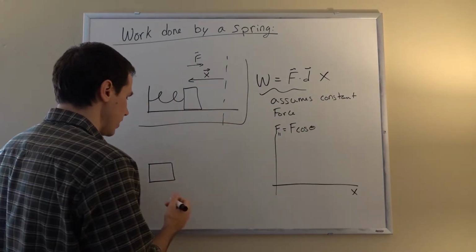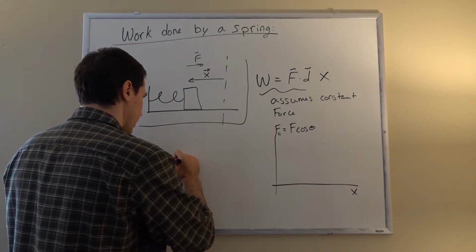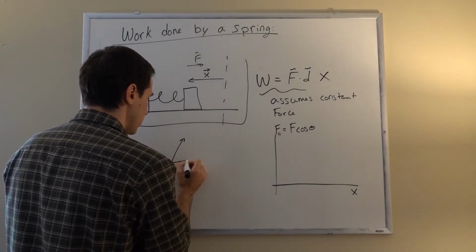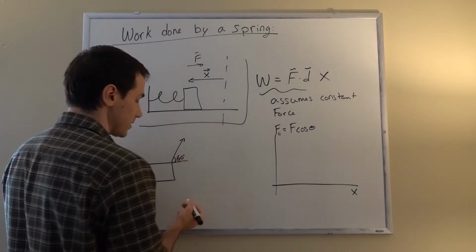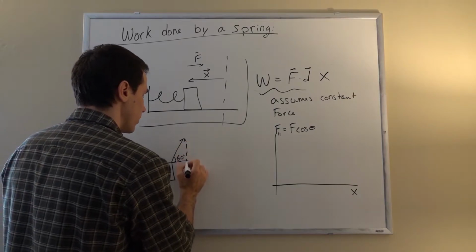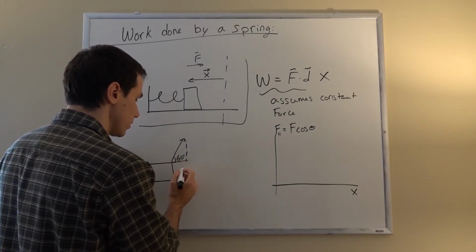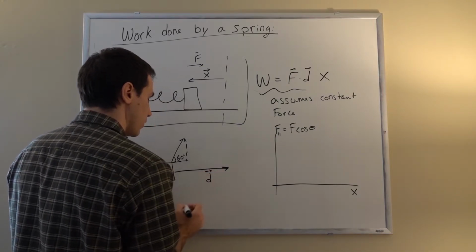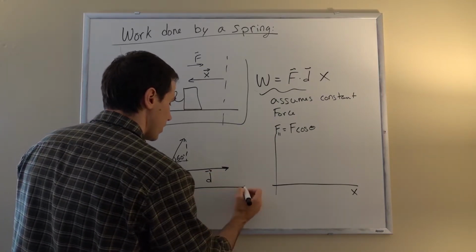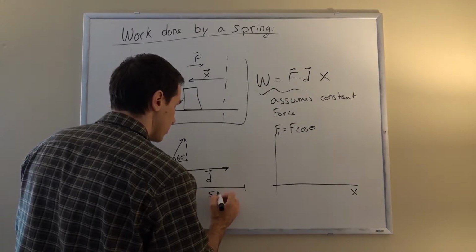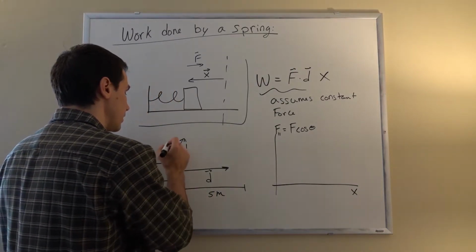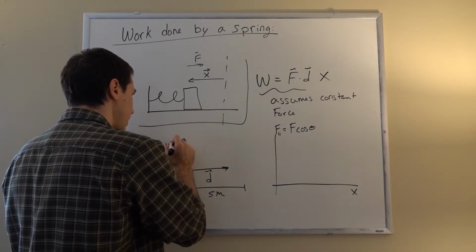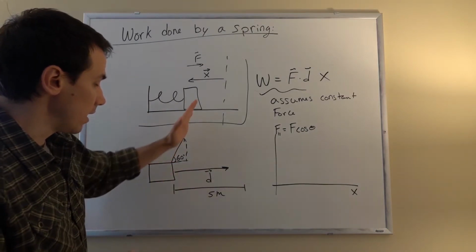So for example, if I have some box and I have a force which points this way, say it makes a 60-degree angle with the horizontal, my box moves to the right, so my displacement vector points to the right. Let's say that my box moves 5 meters and that it experiences a 10 Newton force up this way.